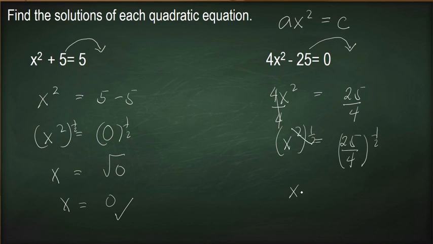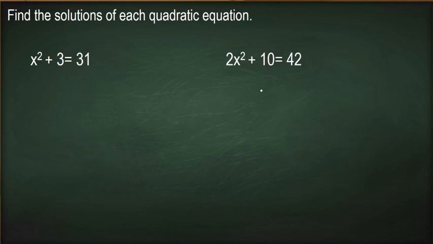So we have here x is equal to, okay, square root of, apply power law on quotient. So we have here the square root of 25 over the square root of 4. Do not forget to get the positive negative root. So we have here square root of 25 is equal to 5 and the square root of 4 is equal to 2. So we have positive negative 5 over 2.